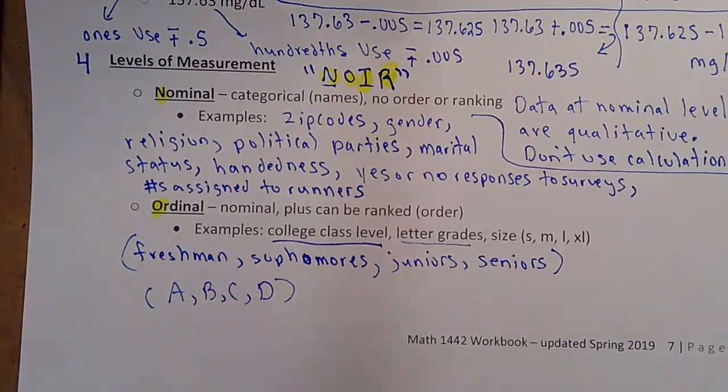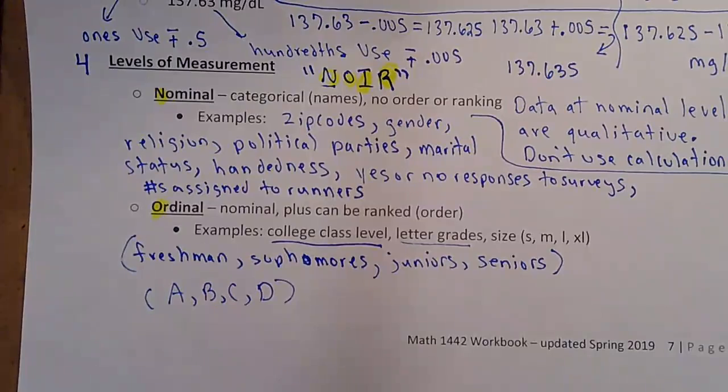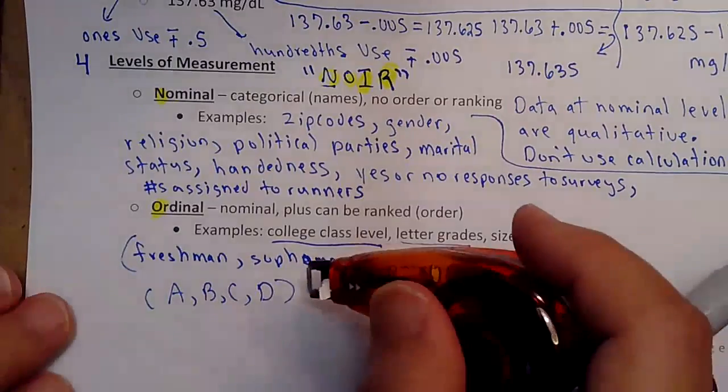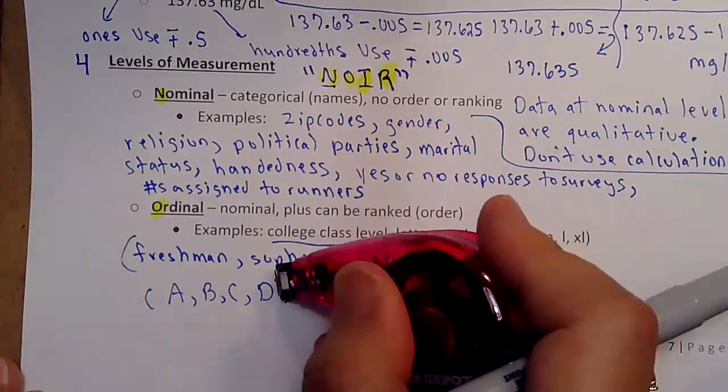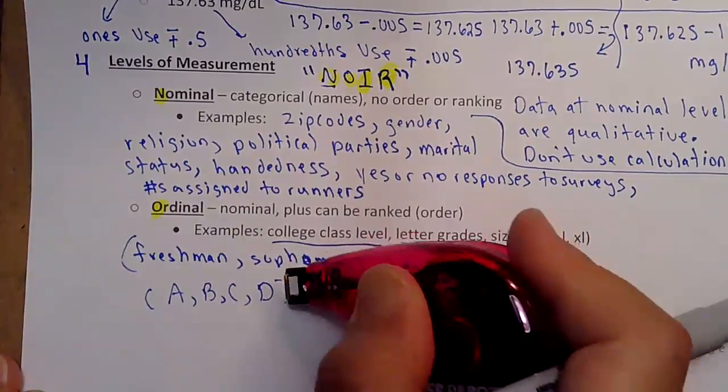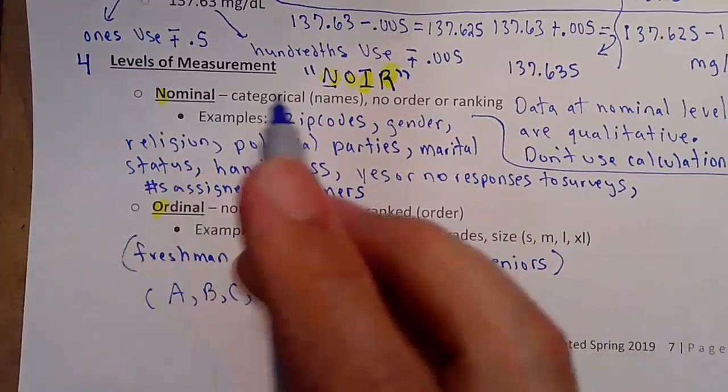And of course, F, no. I guess I should include F's here because that is another grade. But definitely an F would not qualify for graduation. You would have to retake the class.